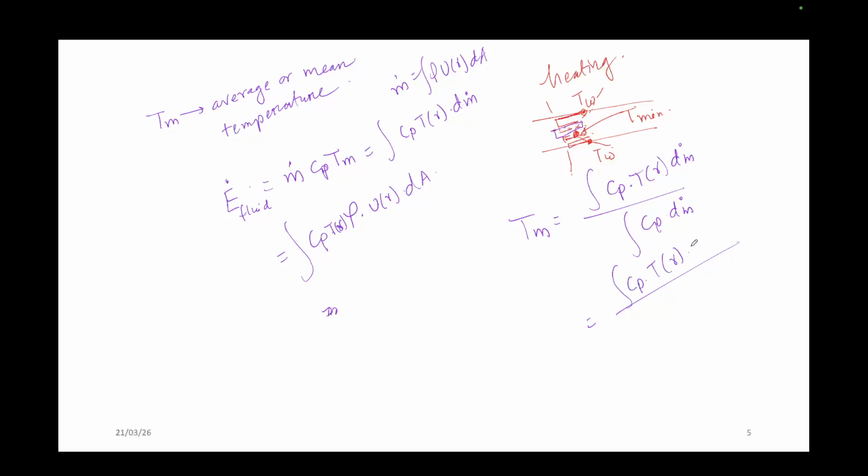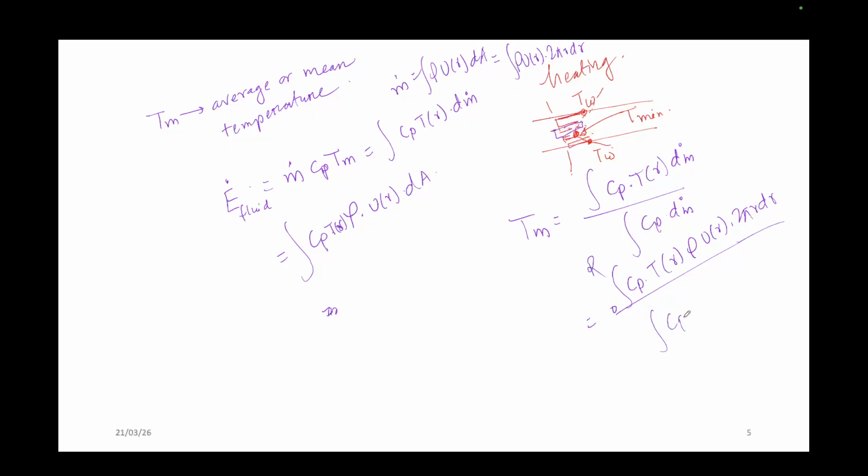We know that dm is basically your rho ur into dA, that is rho ur into 2 pi r dr, and the integration is from 0 to r.